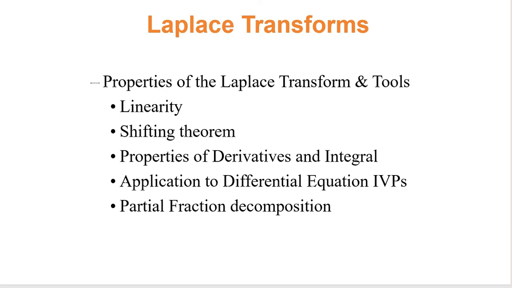So the first property is linearity. Linearity is a really useful property, and it's really akin to the distributive property in algebra. The shifting theorem is a Laplace transform property that will be really useful for us when we see time delays. For instance, if you turn on the shower all the way to hot, water doesn't instantly come out.